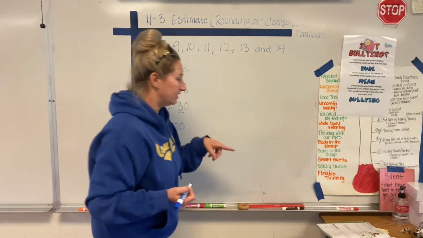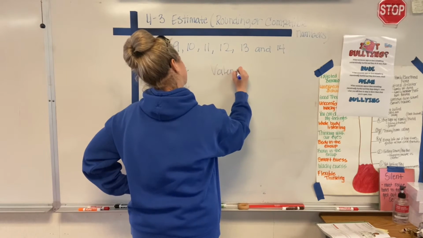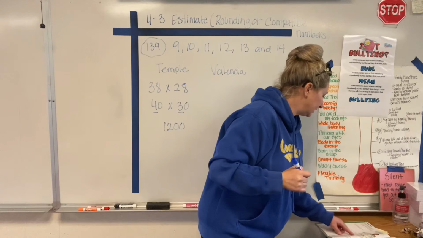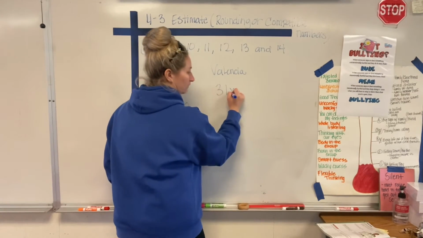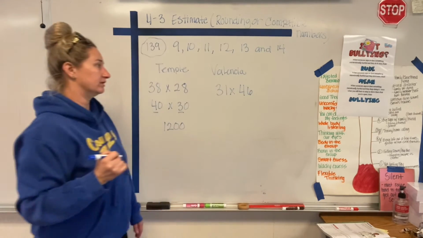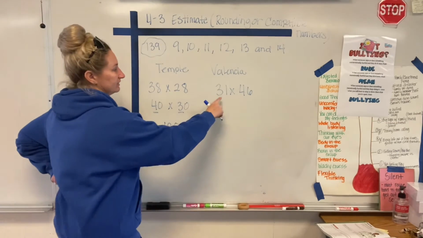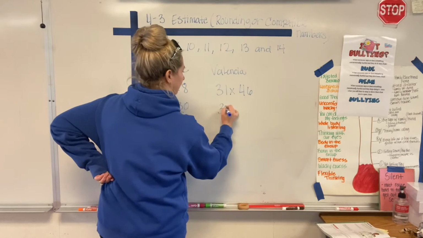Now I'm going to look at the Valencia, all right? And it's 31 rows with 46 trees in each row, okay? So 31 times 46. Let's see. Well, 31 is super close to 30, so I just got to pick that.